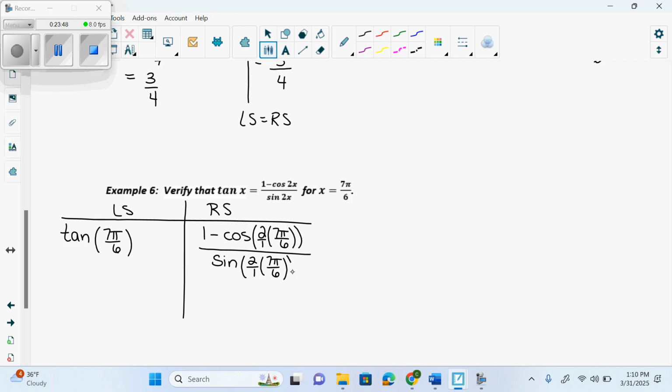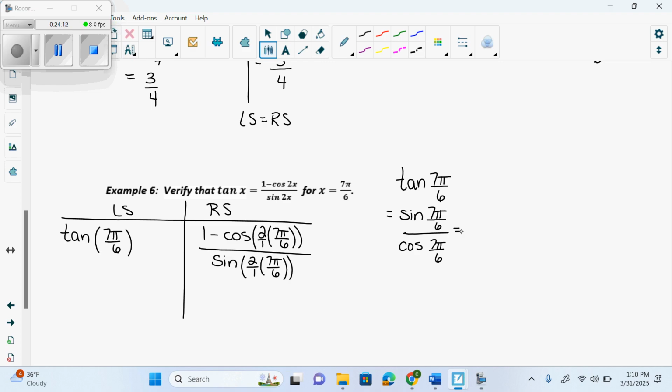So we're actually doubling the angle there. Here's the double angle identity. Off to the side, we'll find tan of 7 pi over 6, which equals sine of 7 pi over 6 divided by cos of 7 pi over 6.